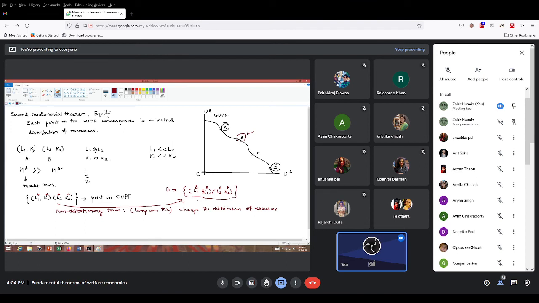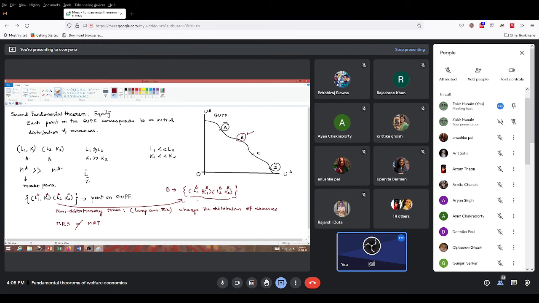Also keep in mind that if I impose a distortionary tax, a tax which changes the price level, then the MRS equal to MRT condition is going to be violated, or maybe some other condition. There will be at least one of the Pareto optimality conditions which is going to be violated.